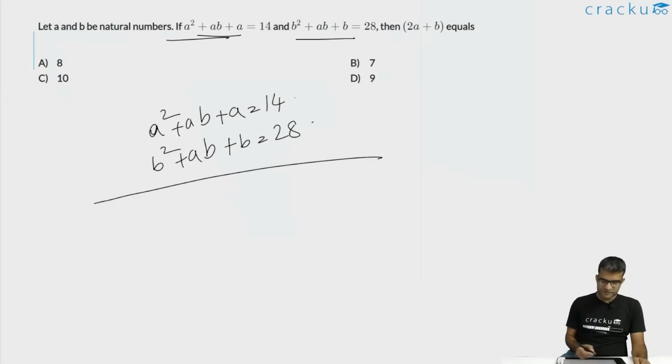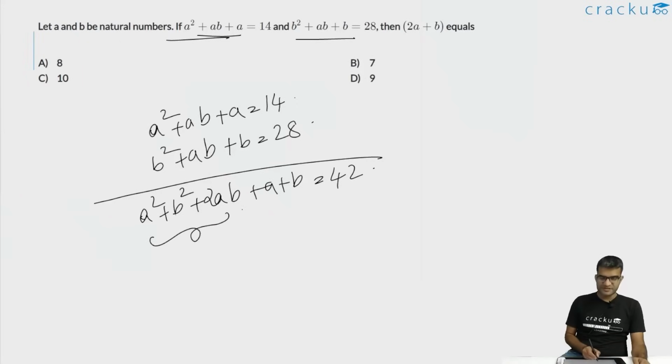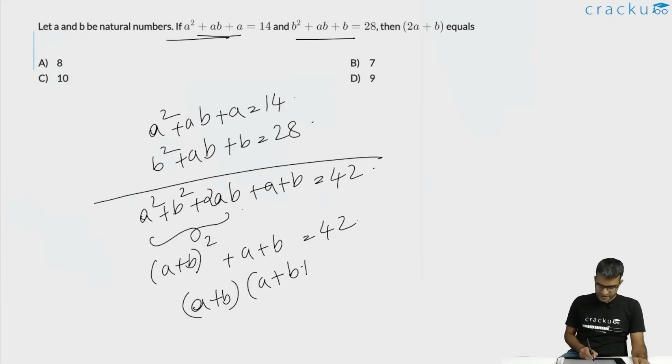If you are adding both of them together, we are going to get a square plus b square plus 2ab plus a plus b. This is equal to 42. A square plus b square plus 2ab is a plus b whole square, so a plus b whole square plus a plus b is equal to 42. This can be factorized to equal a plus b into a plus b plus 1 is equal to 42.